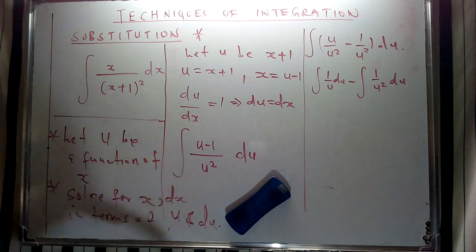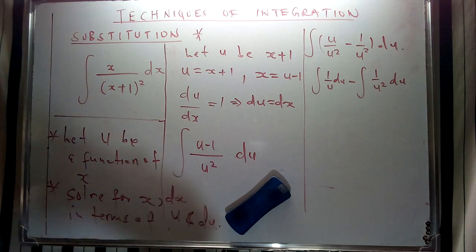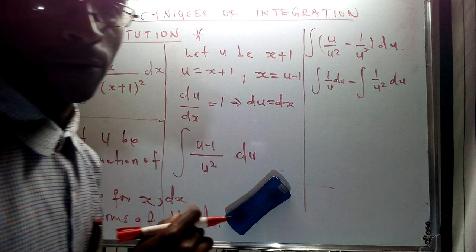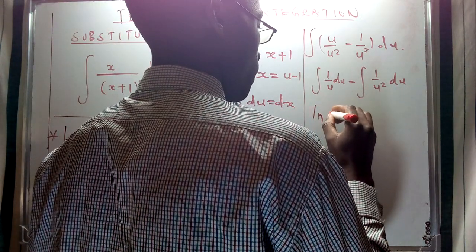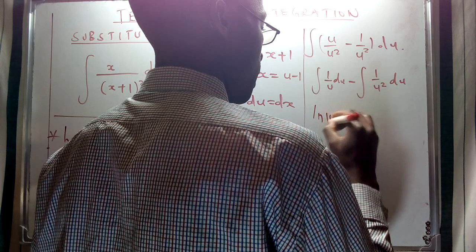From the rules we listed, we talked about the logarithmic function. So the first part of this integral is going to form a logarithmic function, that is the natural log of u.